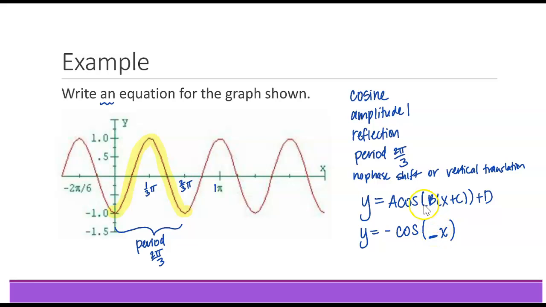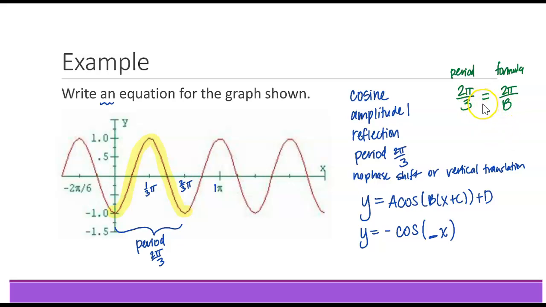Right? So we know the period is 2 pi over 3. And we know the formula for the period is 2 pi over b. So these have to be equal to one another.